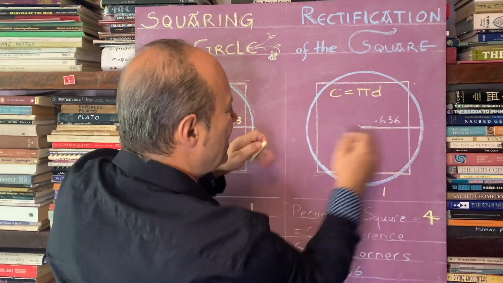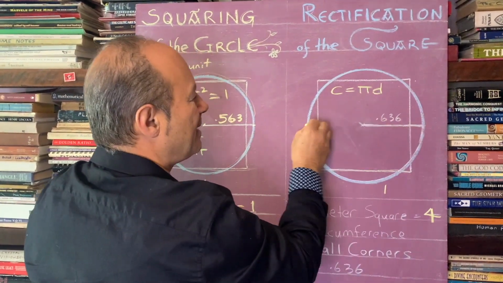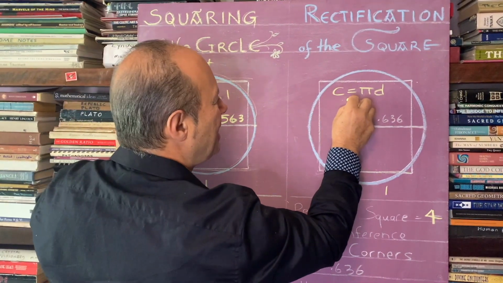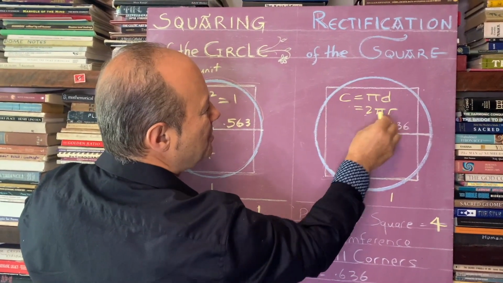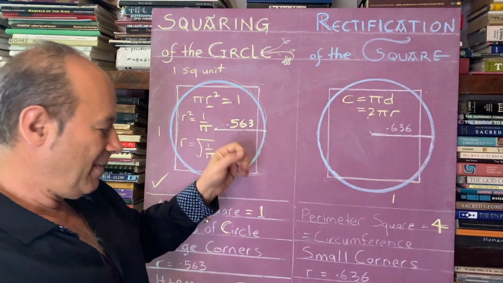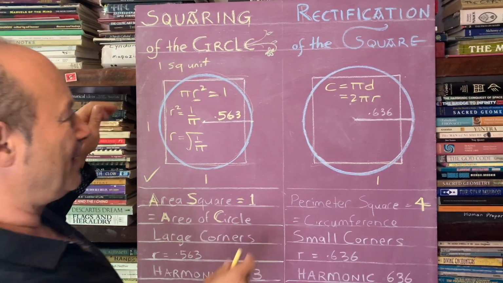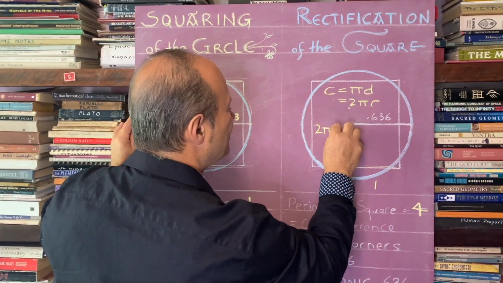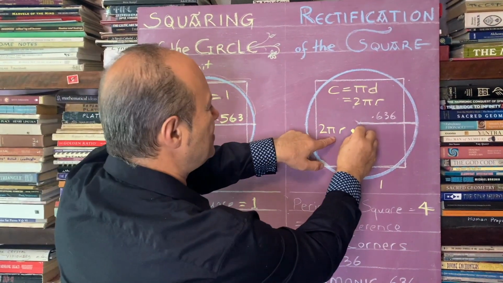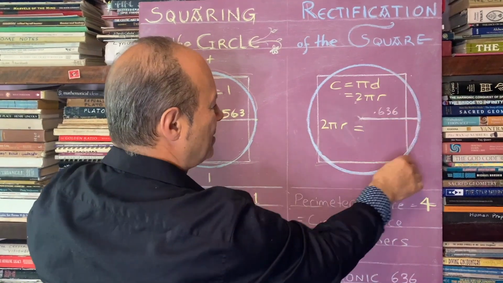So if the diameter goes from here to there, we know that C equals 2 pi r, because the diameter is the 2r bit. So we've got this equation now where we know that the circumference of the circle equals 4, because it's 1, 2, 3, 4.